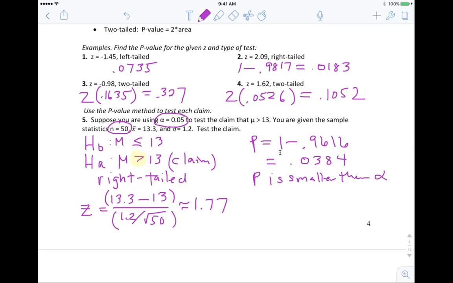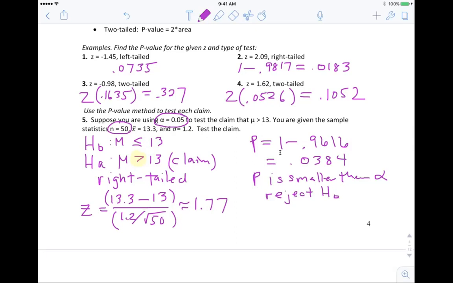Anytime P is smaller than alpha, that's always reject H sub 0, just as it states in the directions there. So I'm going to reject H sub 0 in this test. If P was bigger, then you fail to reject H sub 0. It's always H sub 0 in that. You have two things that can happen here: reject H sub 0 or fail to reject H sub 0, and that's it.